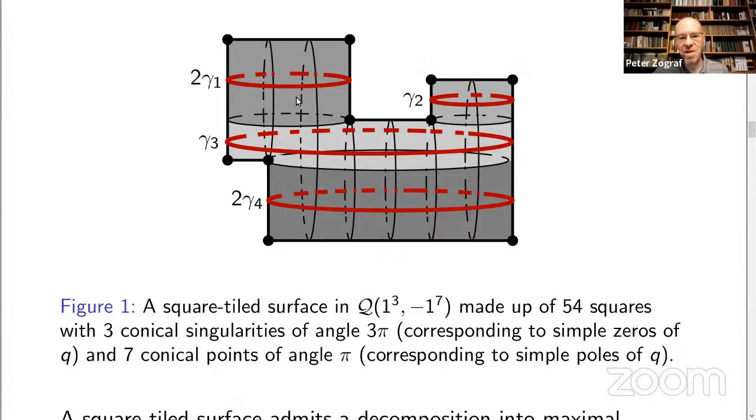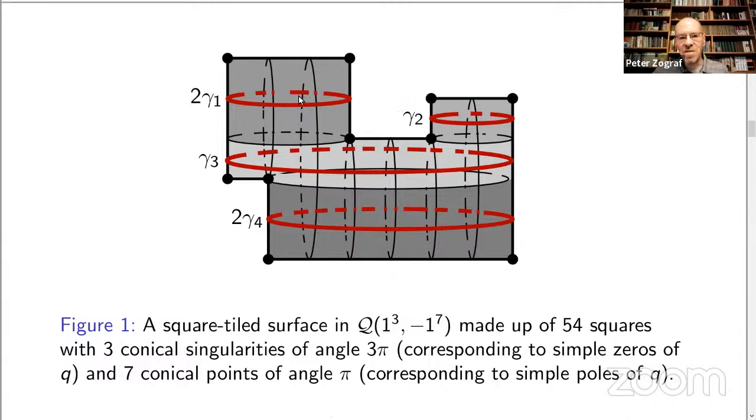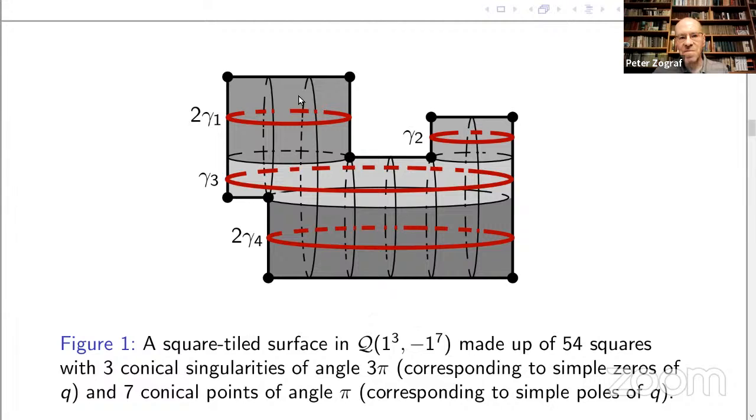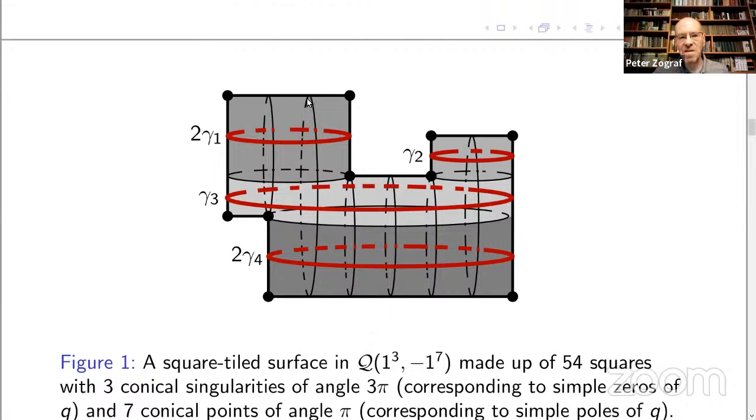This is a square tile surface with 3 conical singularities of angle 3 pi that correspond to simple zeros of Q, and 7 conical points of angle pi corresponding to the poles of Q. So that's how a square tile surface looks like.